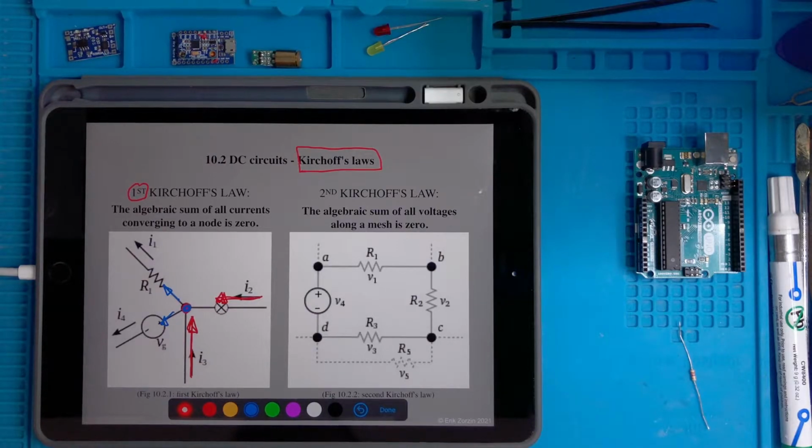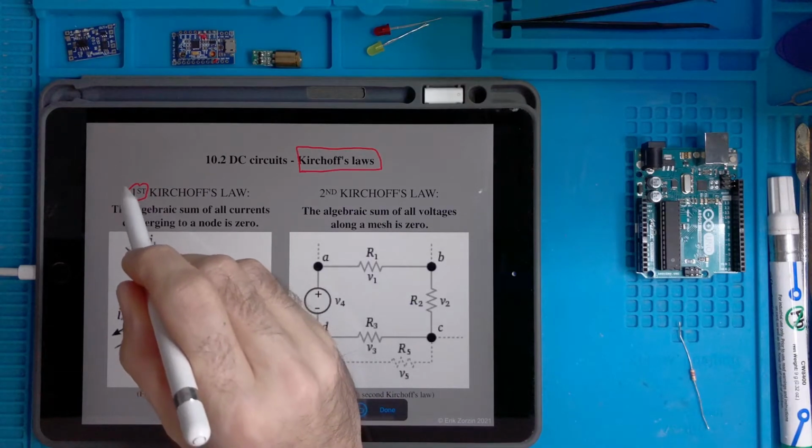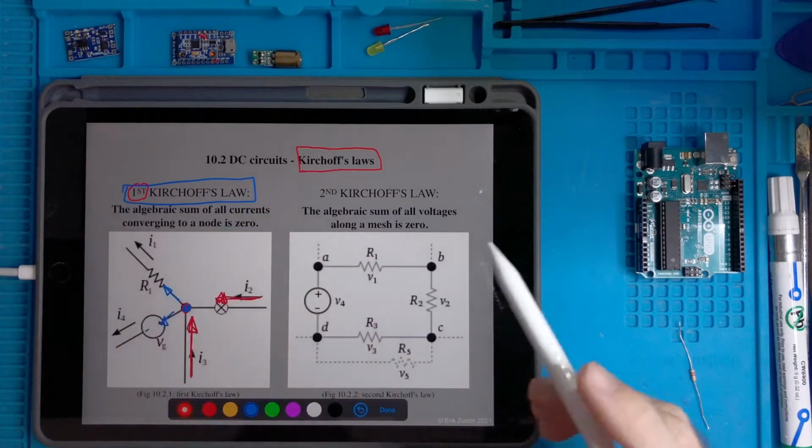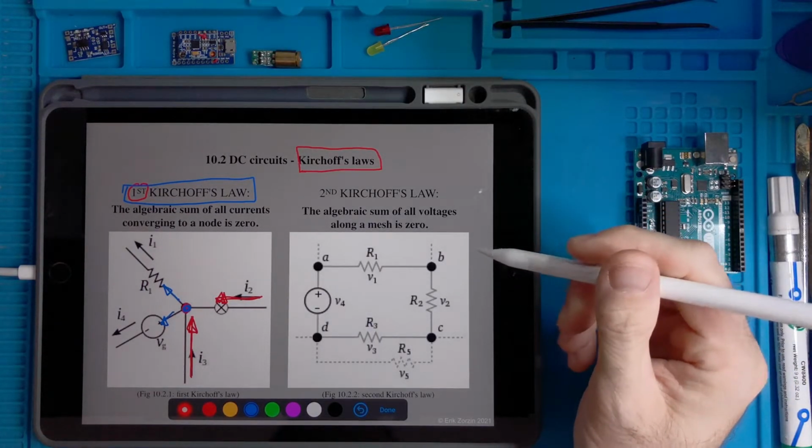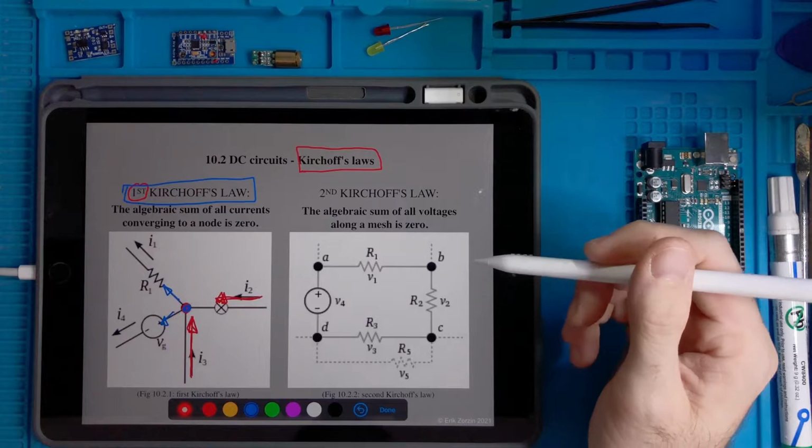And basically this is something that has to do with the conservation of the charge. We cannot create or destroy a charge, so the charge must be conserved, and therefore we have the first Kirchhoff's law.